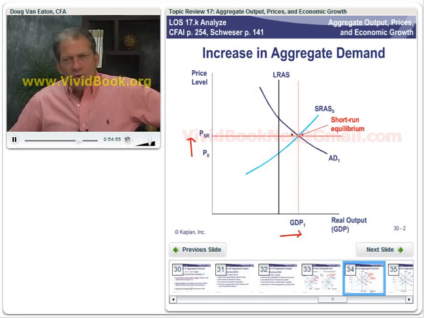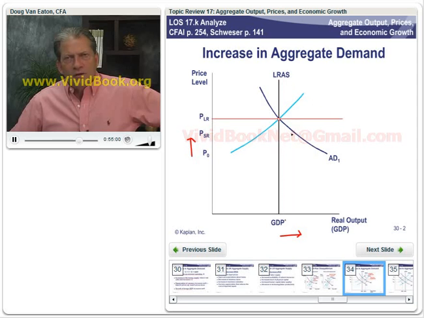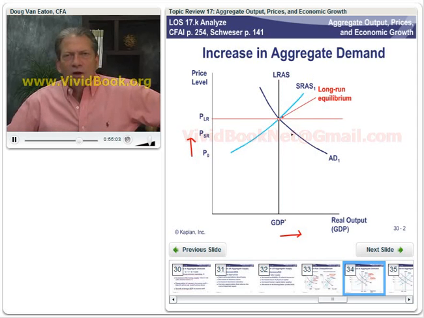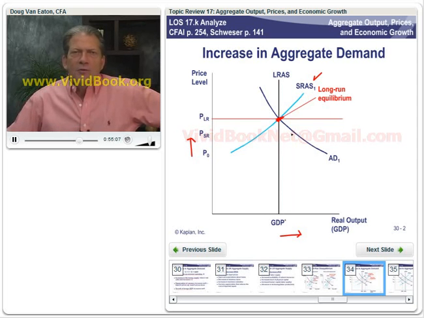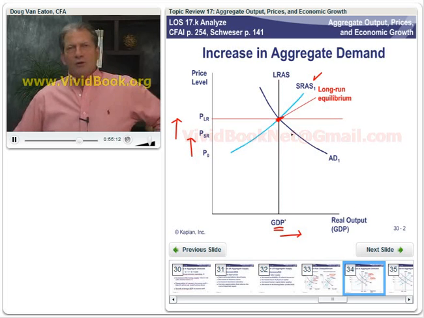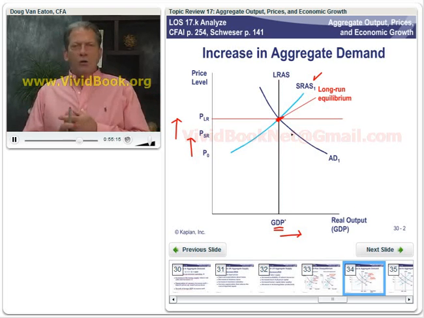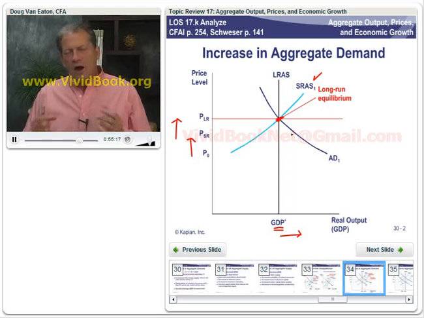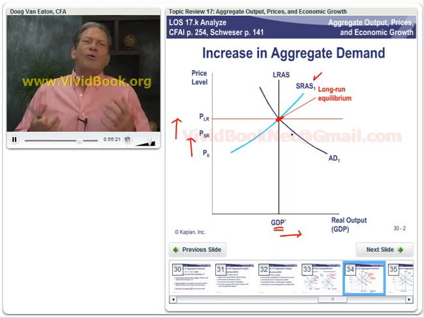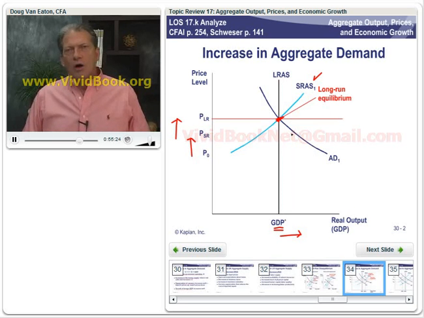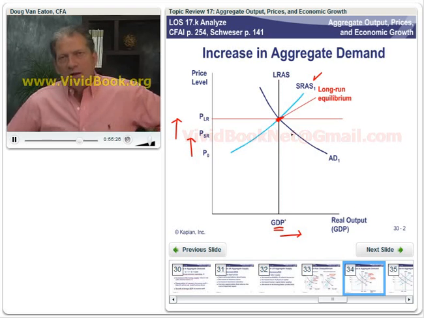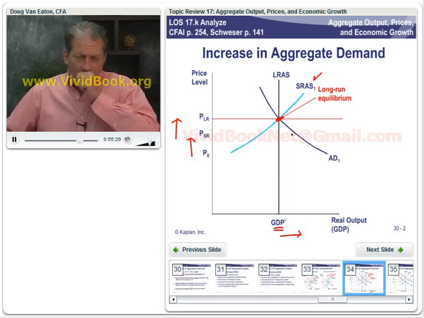When input prices rise because of competition for inputs at over full employment, it shifts this short-run aggregate supply curve to the left. We get a new equilibrium. Prices went up again, but what was the effect on real output in the long run? In the long run, no effect on real output of increasing aggregate demand when the economy is already at long-run equilibrium on the long-run aggregate supply curve.